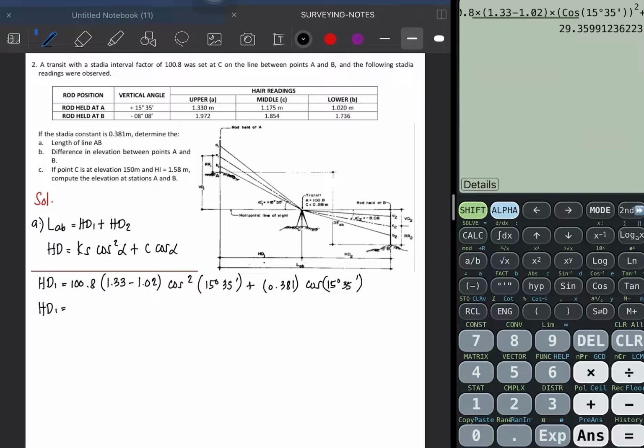Okay? So that is equivalent to 29.36 meters. Okay, so this is HD1.